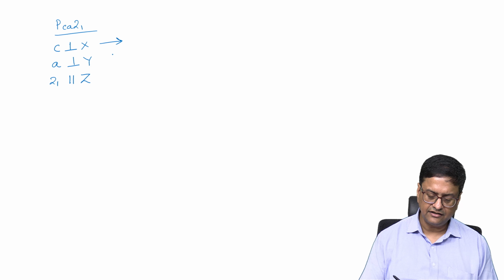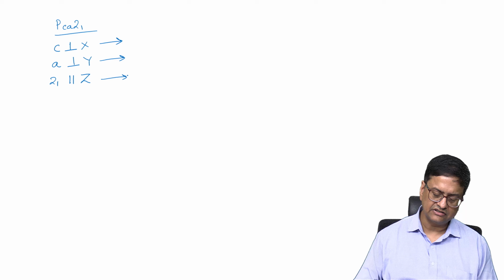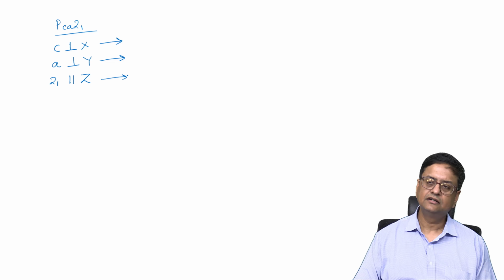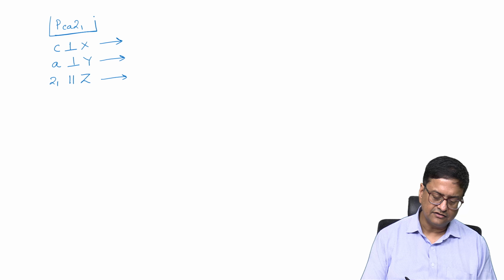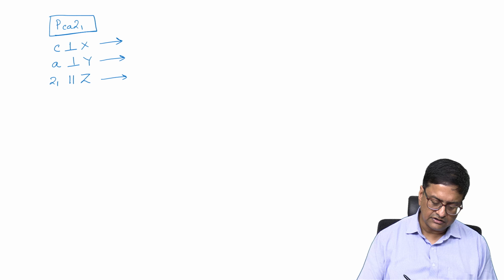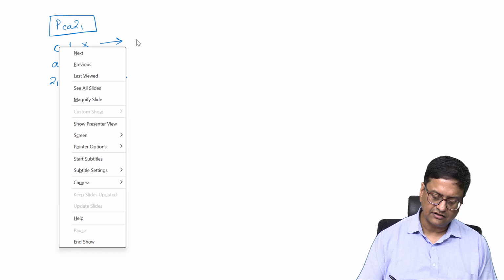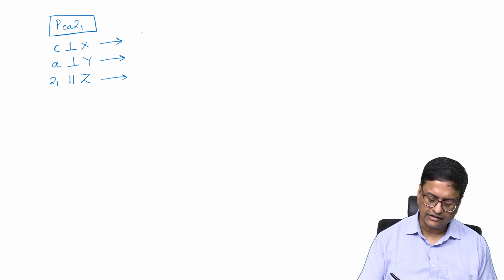So, these 3 mathematical derivations will give you 3 different conditions for systematic absence for this particular space group. I am giving you the answers, but you need to work it out yourself.